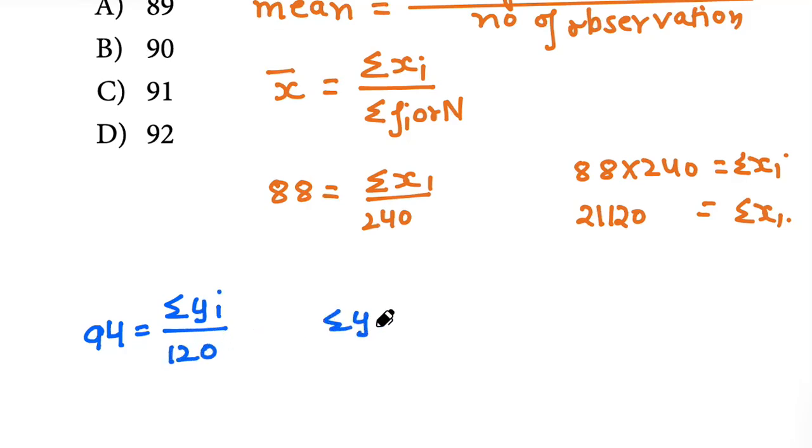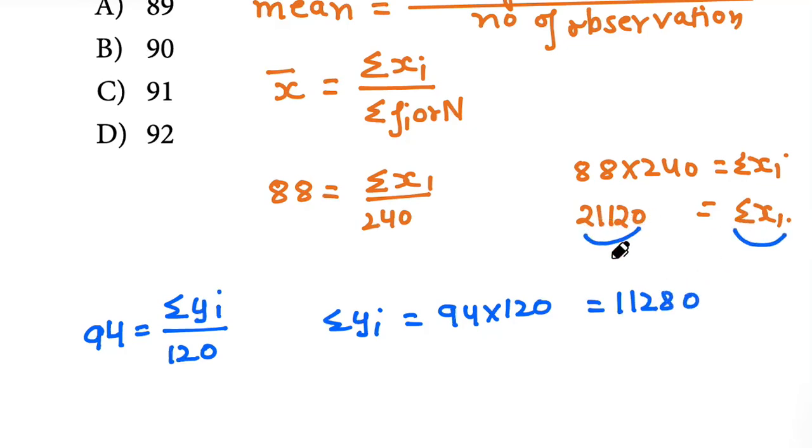So the sum of all observations is equal to 94 times 120, which is 11280. So the sum of all observations for the first data is this, and the sum for the second data is this. The first data has 240 gray seals and the second data has 120 gray seals. So the total is 360 gray seals.